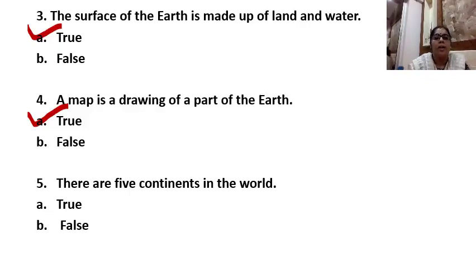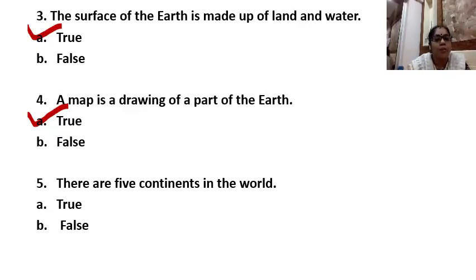There are 5 continents in the world. How many continents are there, children? 5 or 7? So the answer is false. There are 7 continents, right? There are 5 oceans. So the answer is false.